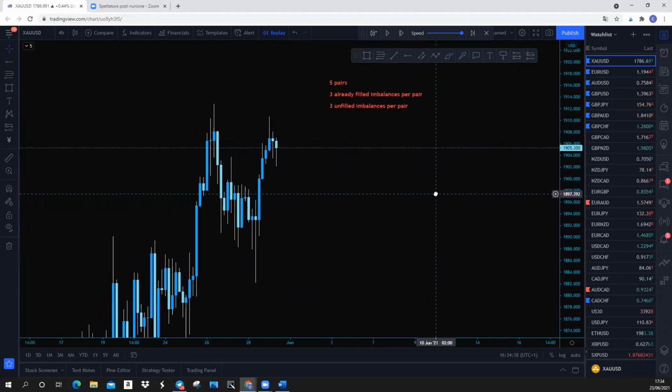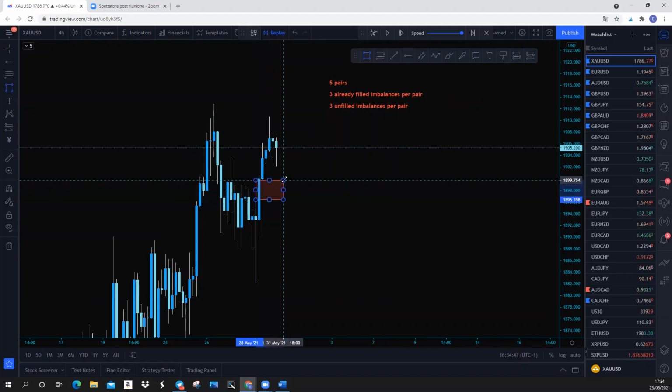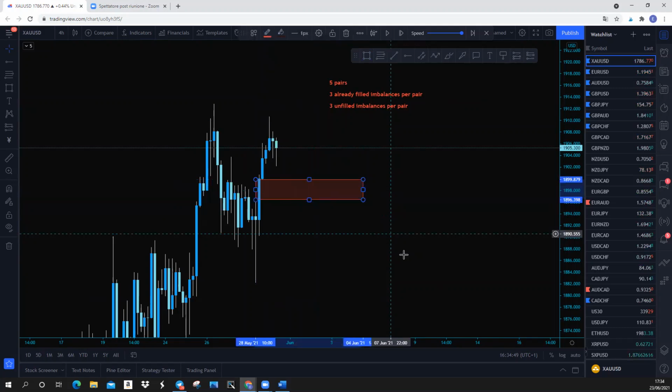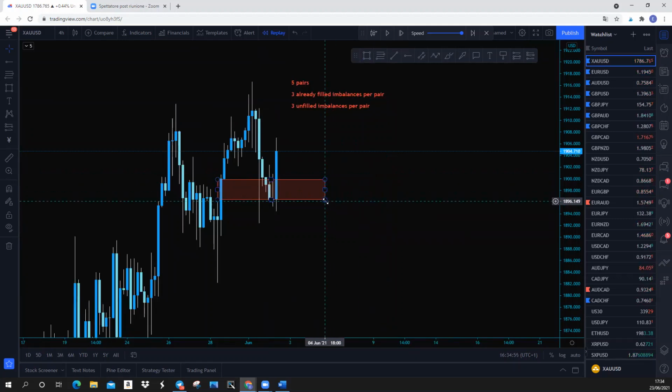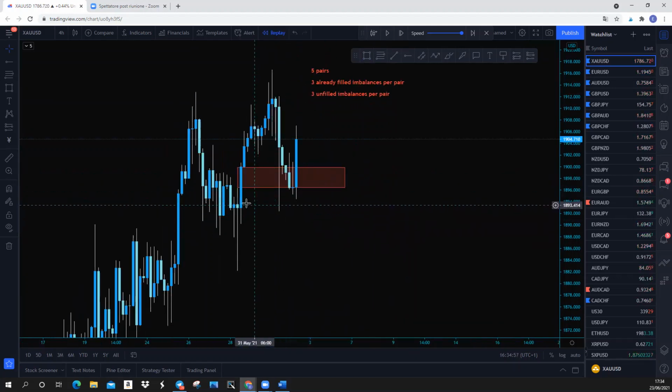Okay, so for example, here we're leaving behind some other imbalance from here to here. This is another imbalance area. The imbalance on the 25th is filled already, right? Imbalance on the 25th.